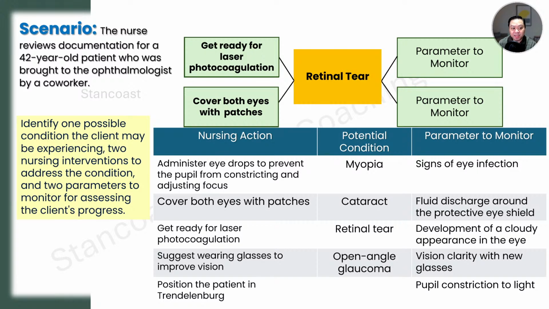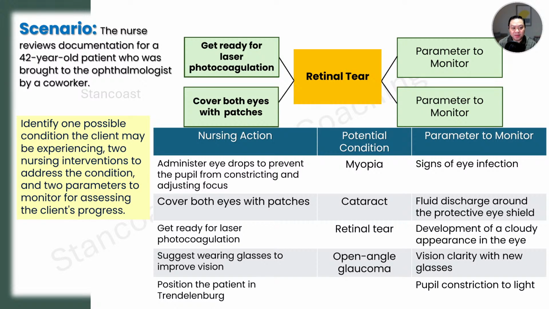But the medications involved here are not going to treat the retinal tear or the detachment. Okay, so our goal in this case is to stabilize the eye, to prevent the movement, and also to decrease the pressure inside the eye as well.